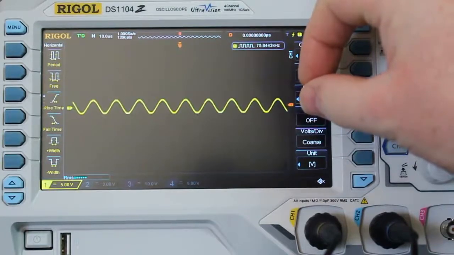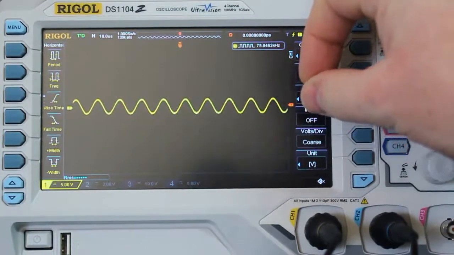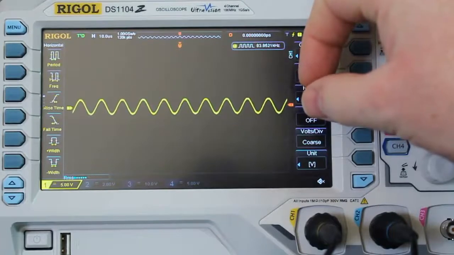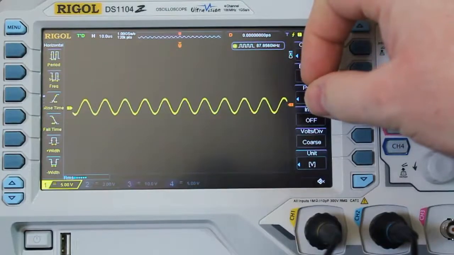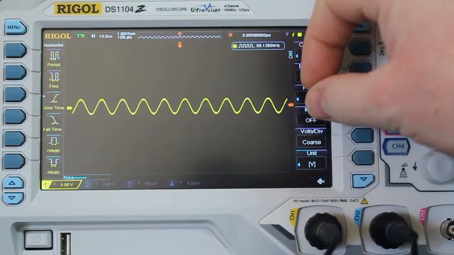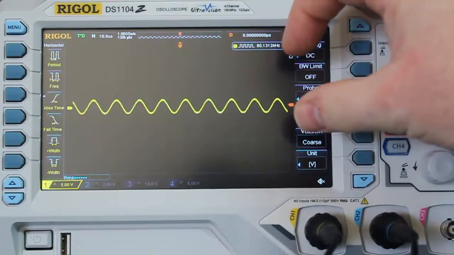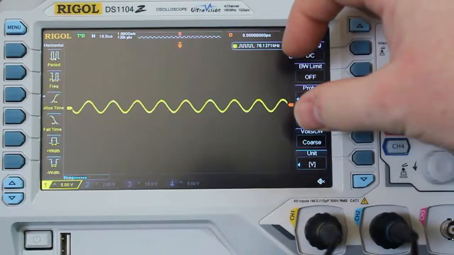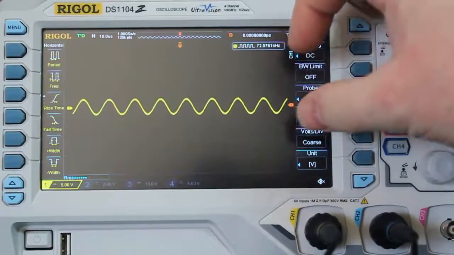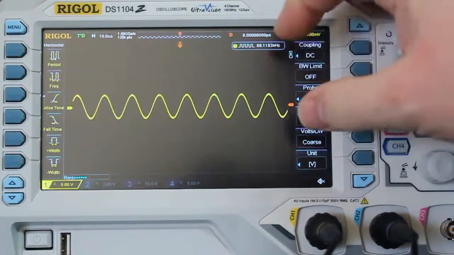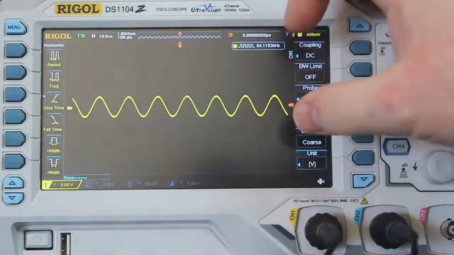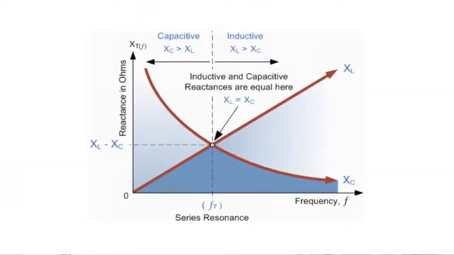Now this is the inductive reactance, capacitive reactance, and all that sort of thing that we were talking about before. So at the resonant frequency we get a maximum amplitude, and the maximum amplitude is the maximum voltage, and just there, at the maximum voltage, is the point where the inductive reactance and the capacitive reactance cancel out.